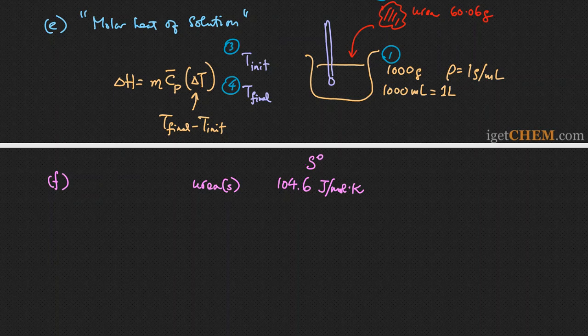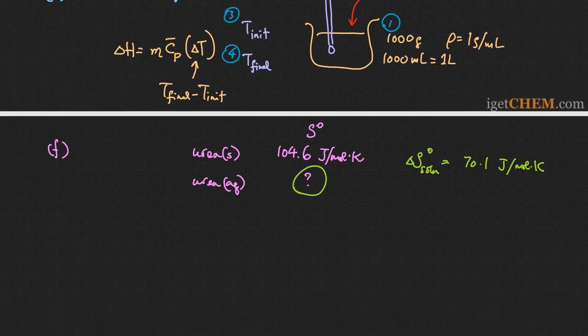So this is the entropy content of solid urea, and you are trying to calculate the entropy content of the dissolved urea, and the problem tells you that the delta S of this reaction, so the delta S of solution, is equal to 70.1 joules per mole per K. And so what you want to do is to find out what is the S0 for urea.